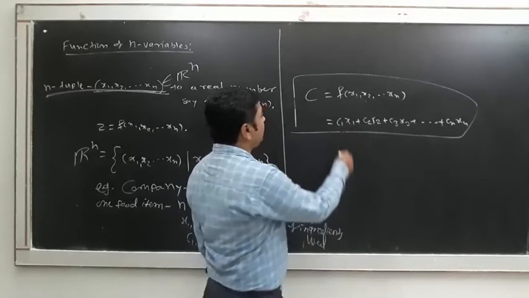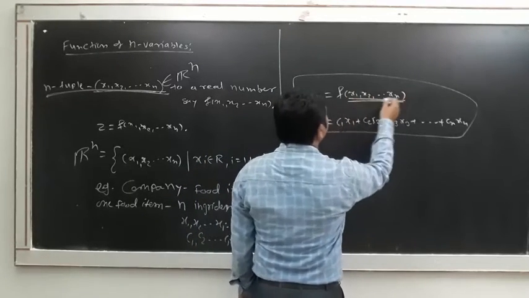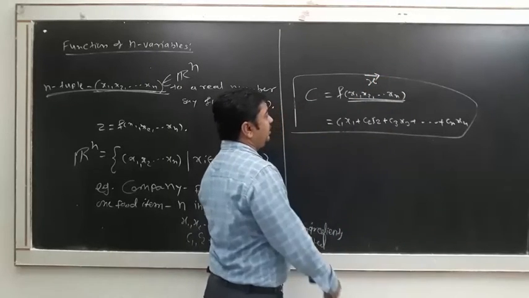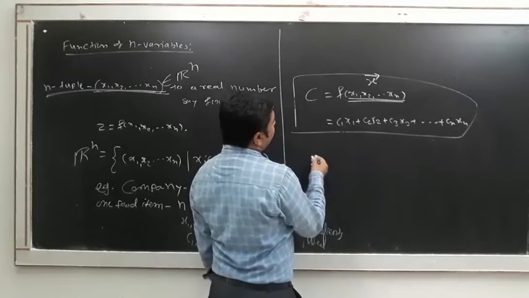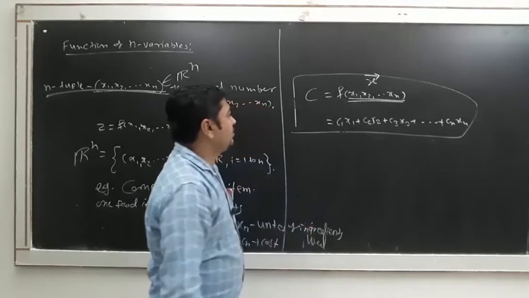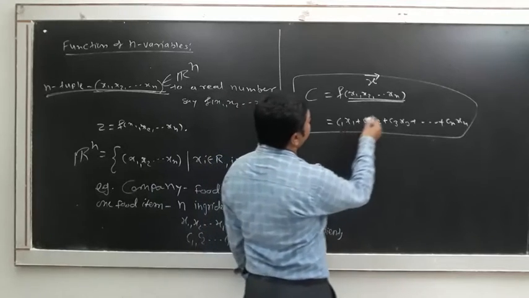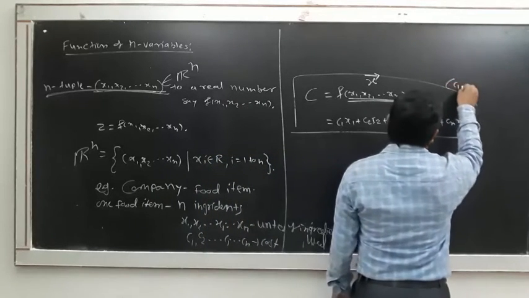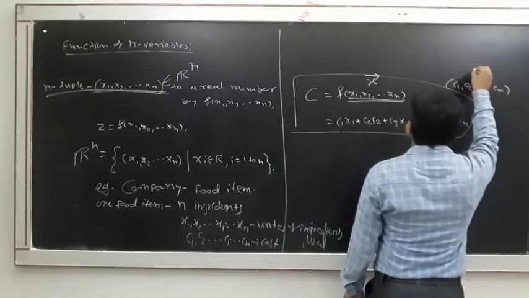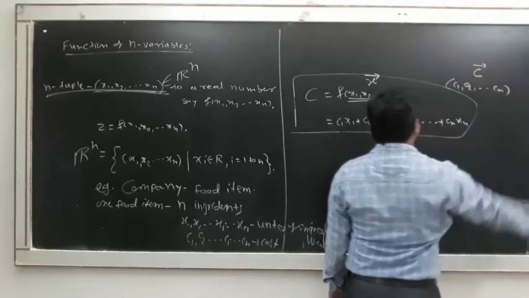Okay, this x1, x2, xn, we can write in the vector form x bar, is it? Then this C1, C2, C3, again this is the second vector, C1, C2 and Cn. This is suppose our C vector.